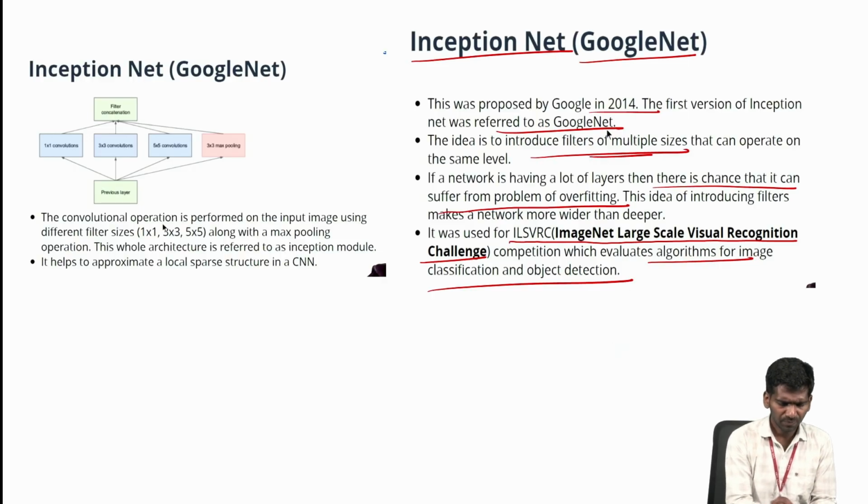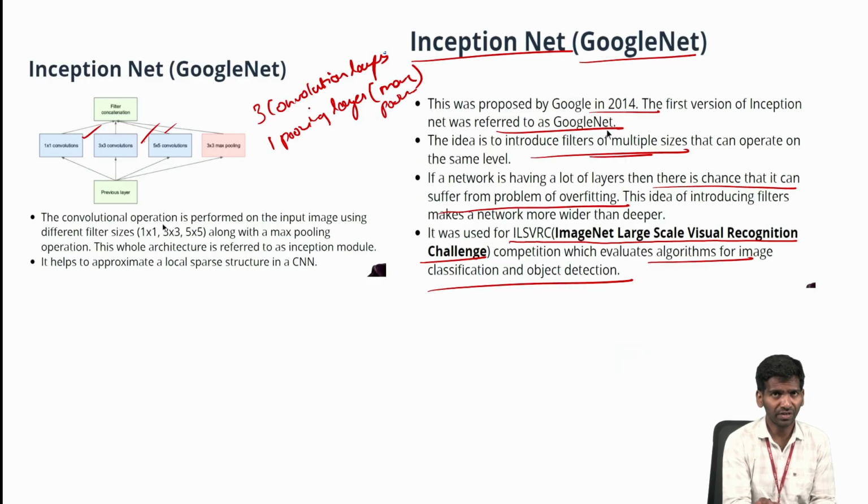Here you could see the architecture. It has 1 cross 1 convolutions. All together there are three convolution layers and one pooling layer, that is max pooling. The three convolutions are different, not similar: one is a 1 cross 1 convolution, the other is a 3 cross 3 convolution, and the other is a 5 cross 5 convolution, followed by 3 cross 3 max pooling.